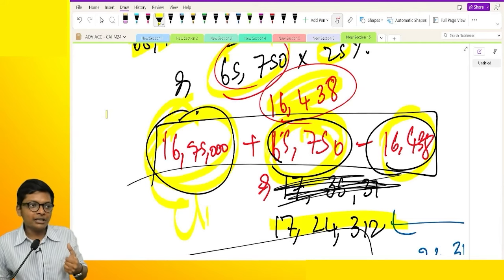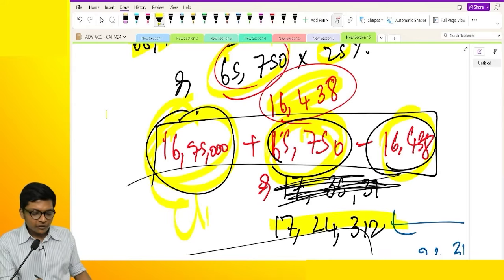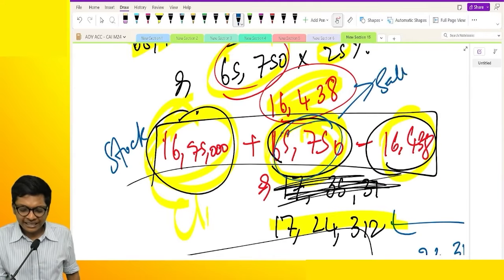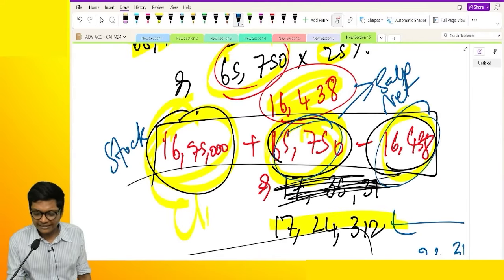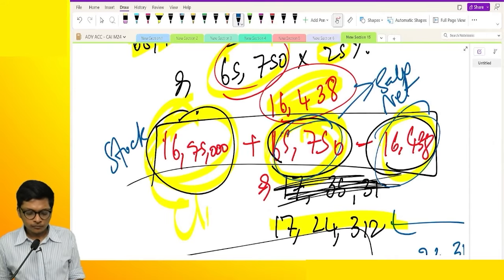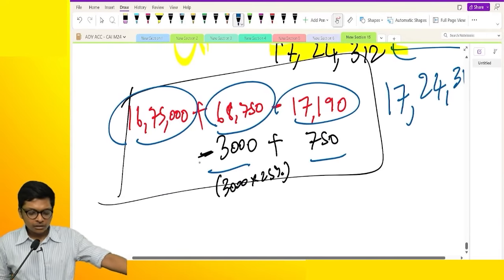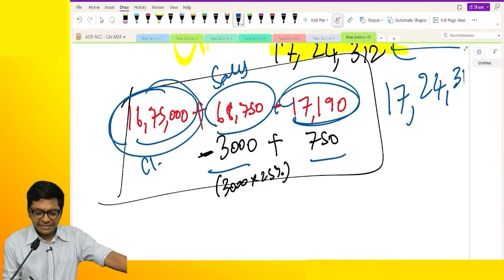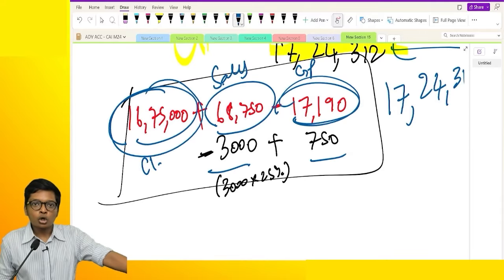Not only here, we did it in all the previous sums. From stock, I am adding back sales, net of sales return, minusing profit, correct? But what that fellow did, he took the closing stock, added full sales and minused gross profit.